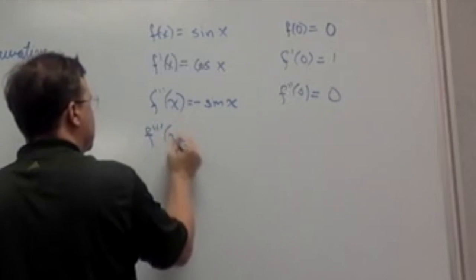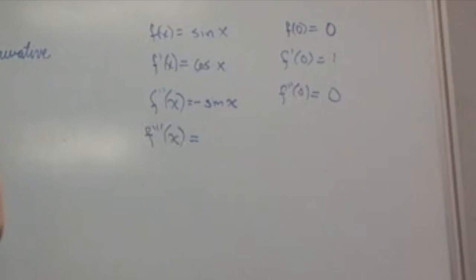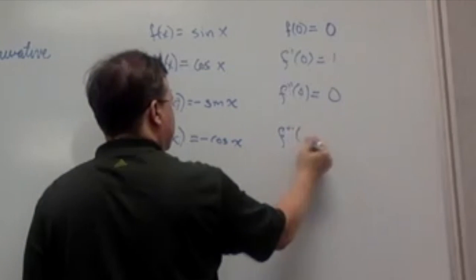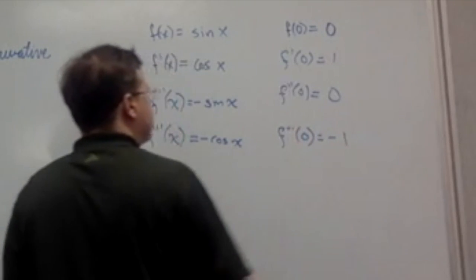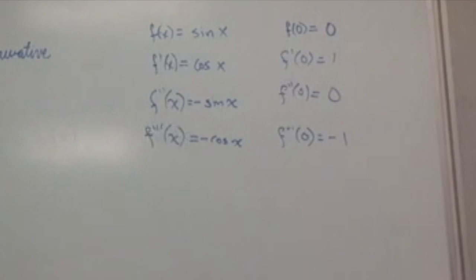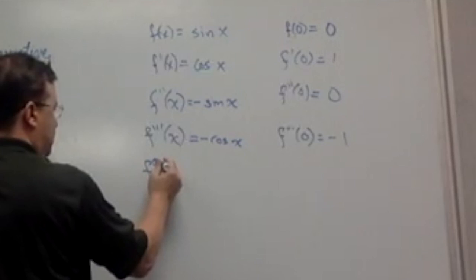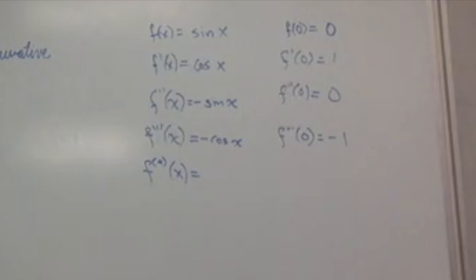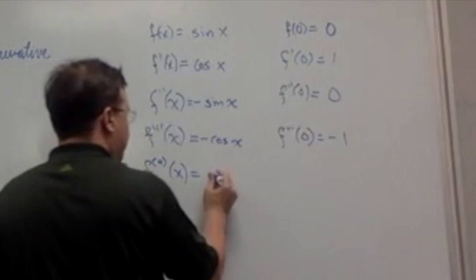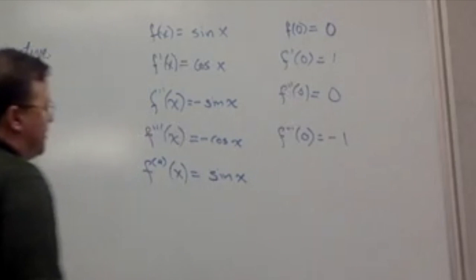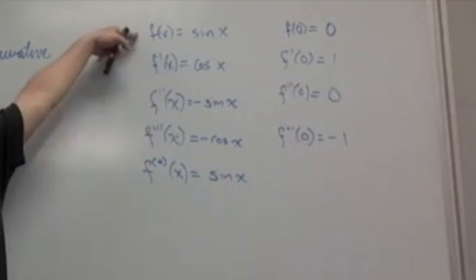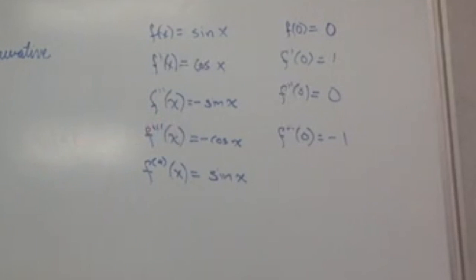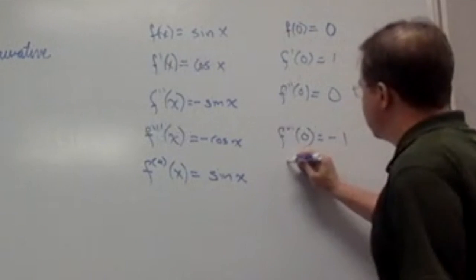f triple prime is negative cosine, so that's negative 1. The fourth derivative is sine, because the negatives cancel. At this point it gets back to where I started, so the same thing is going to happen again.